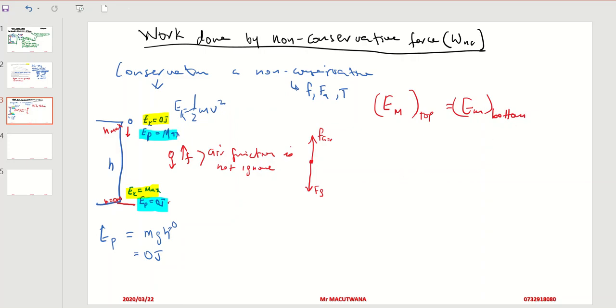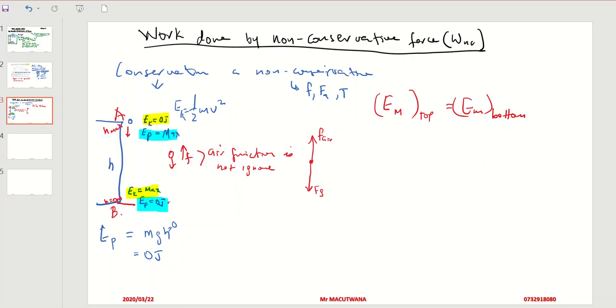Now, this is what we discussed earlier, where there was no air resistance. Now, I need us to come up with a certain notation. Let's call this our point A, the point of departure. Then we'll call this point B, where it reaches the ground.